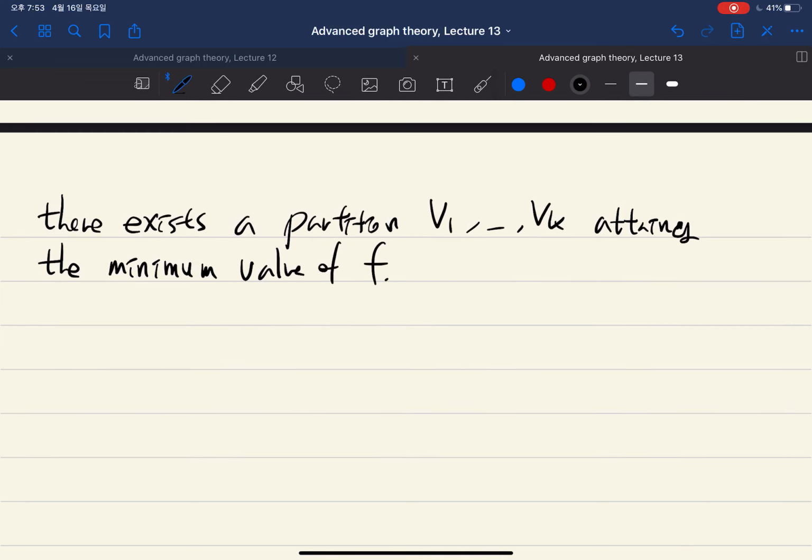Out of finitely many partitions, you apply this f, you get numbers, and you can choose the smallest one and look at the partition which gives the smallest value.